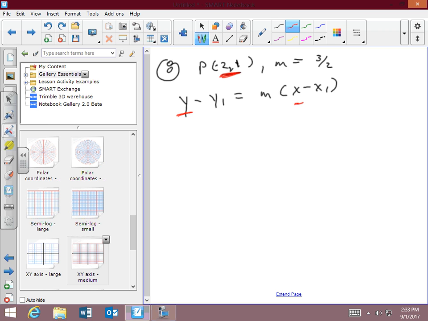And then sometimes they'll do some other crazy stuff, but that isn't what you do. What you do is you go y minus, and you insert the 1, the y value in there. Then you would insert the slope.